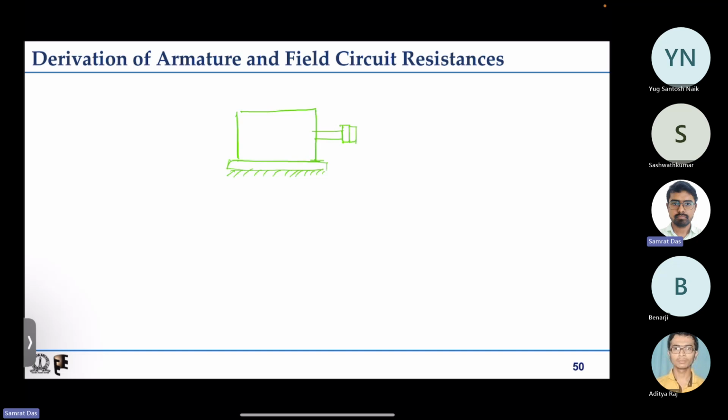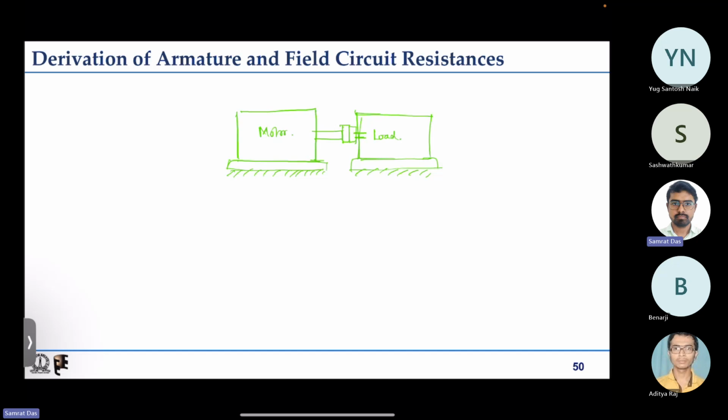Say you need to run some other load, like a pump load. That also has a base fixed to the ground. So this is the load, and this is your motor, right?